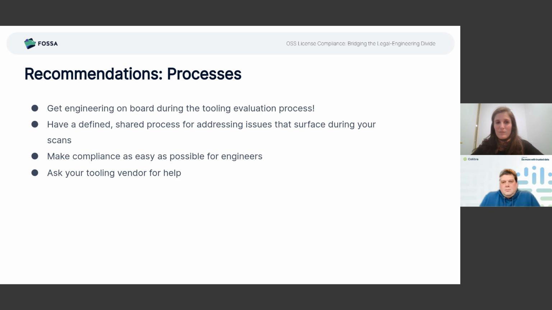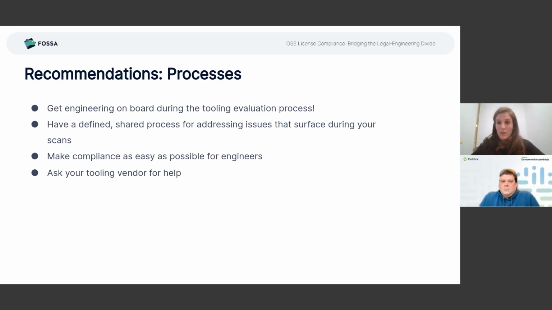Three, the philosophy of making it super easy for engineers. And finally, vendors are here to help, and they've seen this before at a lot of different companies. So asking tooling vendors is usually a great way to get a process started from 0 to 1. Any other best practices in terms of process that you would recommend to the audience?